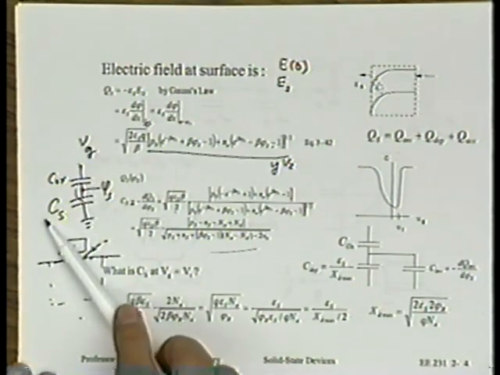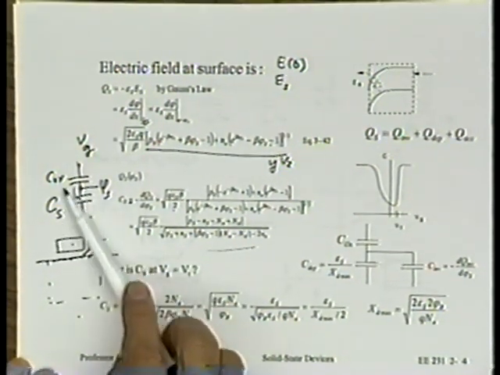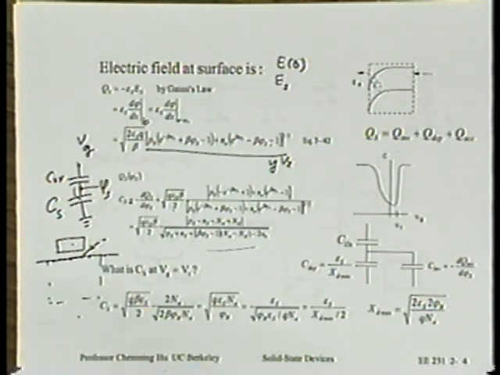All you have to do is put CS in series with a constant Cox, right? So that part is trivial. The non-trivial part was to find CS. CS is expressed as a function of φs. I admit we don't know what φs is yet. We're going to fill that gap later on. But right now let's pretend we know φs. So now we have CS as a function of φs.